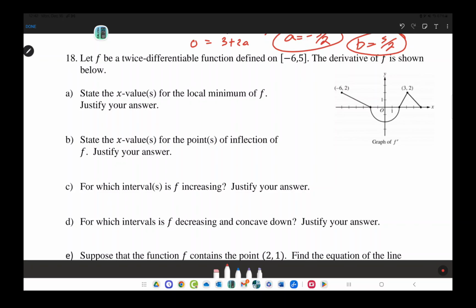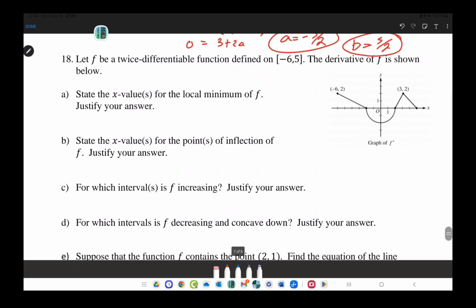The graph of f prime tells us a couple things. Number one, everywhere the graph crosses the x-axis is a possible turning point. So here and here. You can't say here because that's an endpoint.